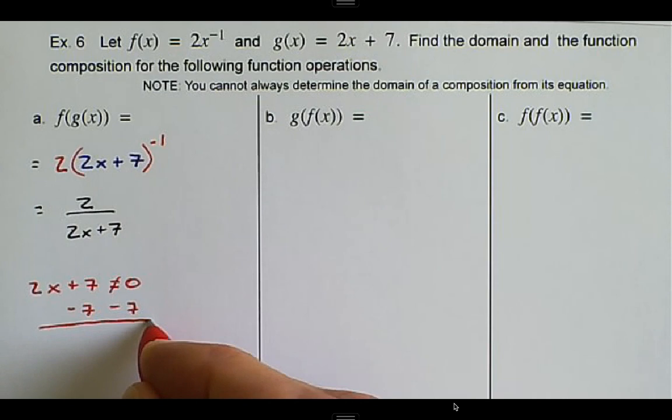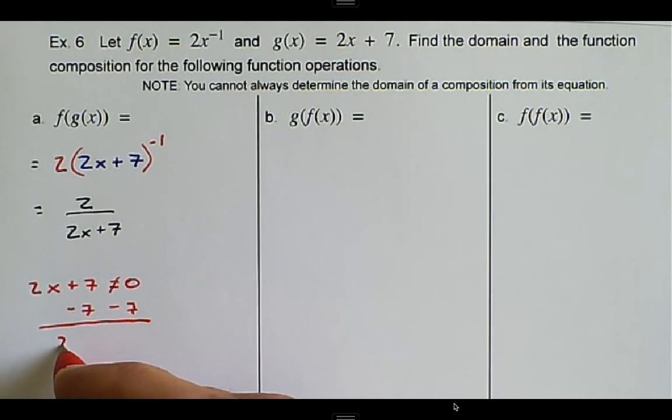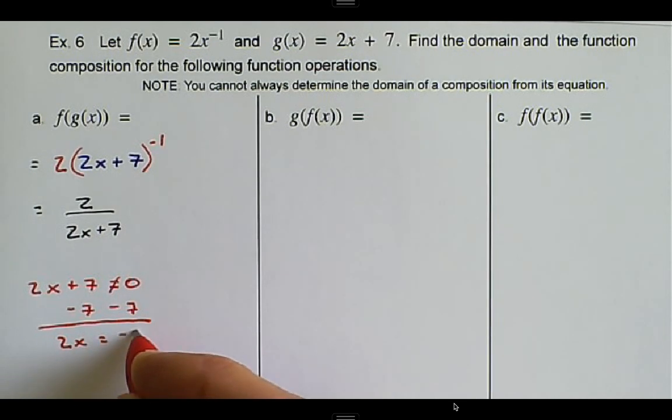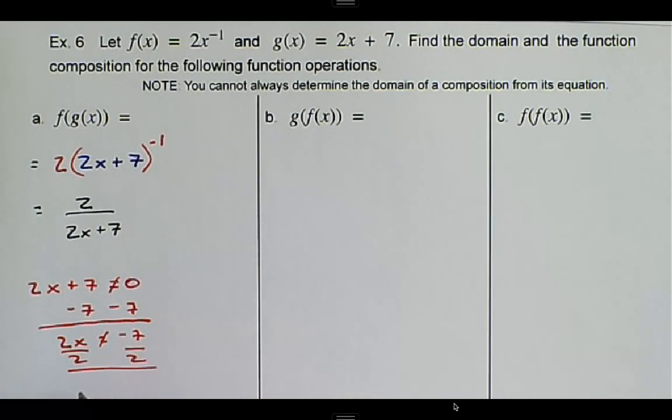So we can subtract 7, and we get 2x is equal to negative 7. Divide by 2. And this says x cannot equal negative 7 over 2. So that's one thing that limits the domain.